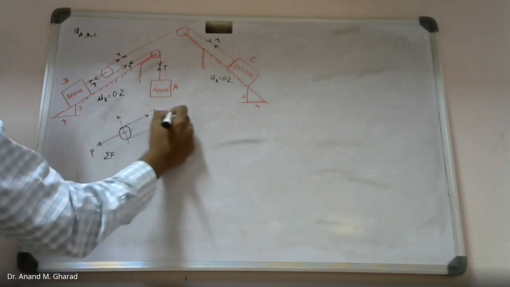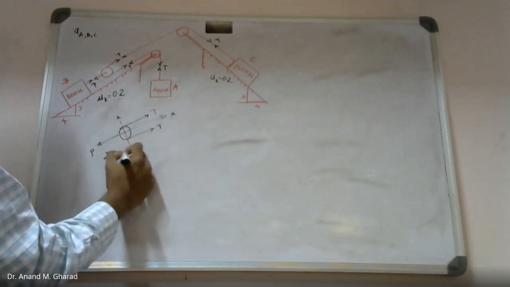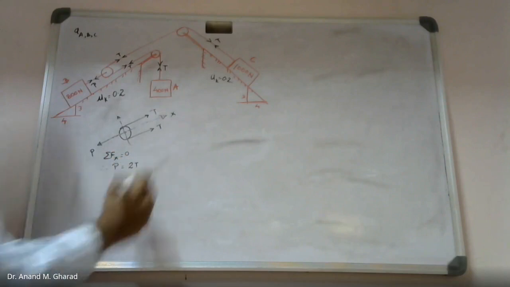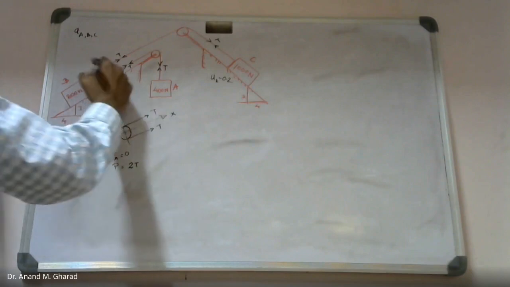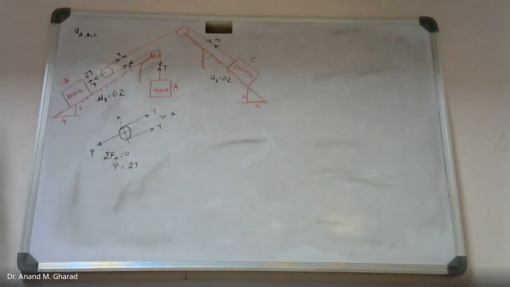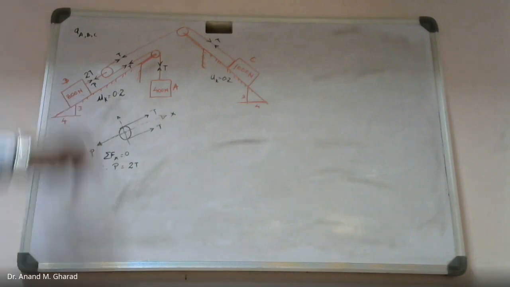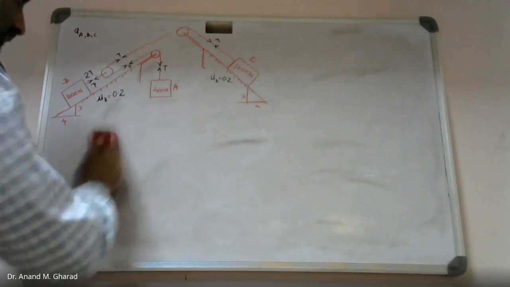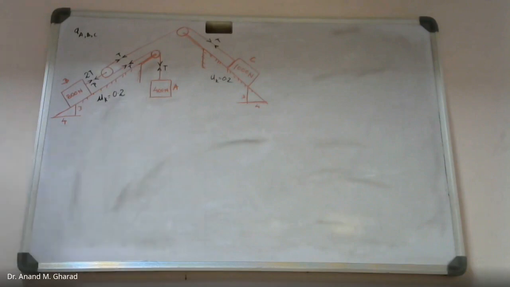Summation of force in x direction equal to 0, and therefore P will be equal to 2 times T, isn't it? So the force P over here can also be expressed in terms of tension force, that is 2 times T, right? So this becomes a free body diagram as far as the internal force is concerned.